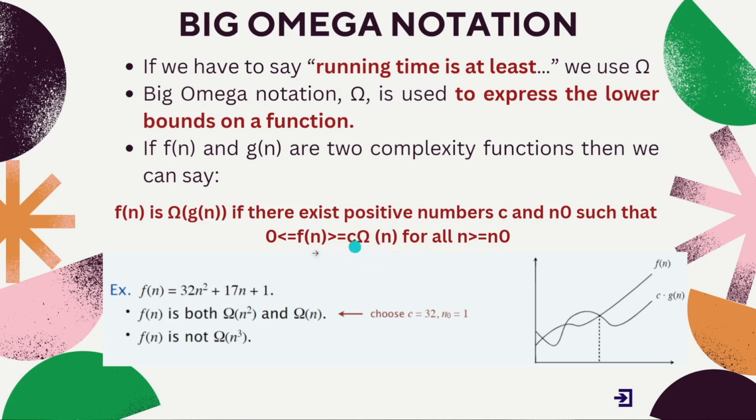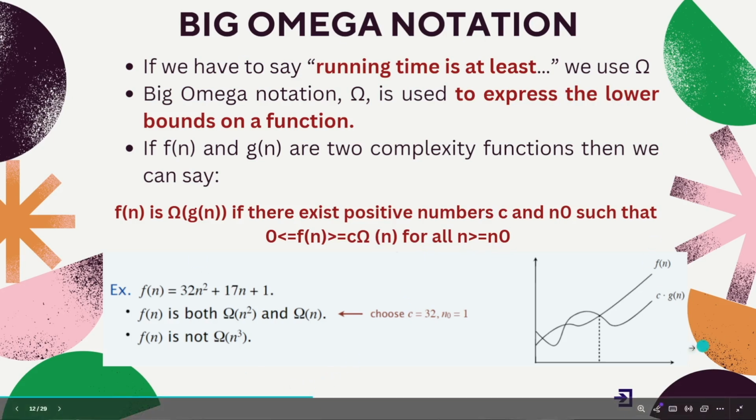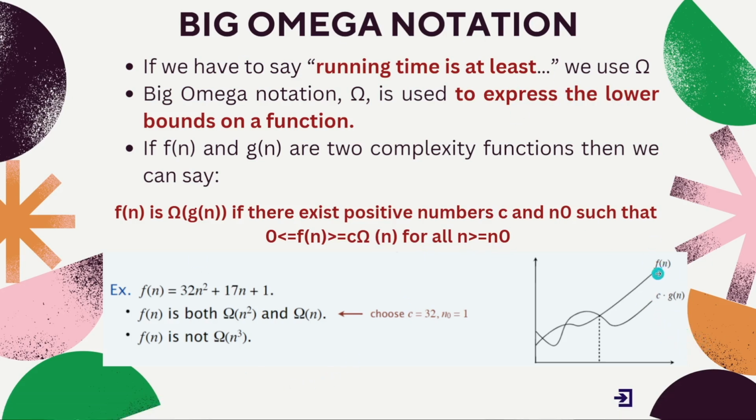So, the difference lies in the sign. Earlier it was less than or equal to, now it is greater than or equal to, just because we are expressing the lower bound of a function, and this has to be true for all values of n greater than n naught. Here you could see from the graph, we are going to find the lower bound for this function f of n, which is omega of g of n.